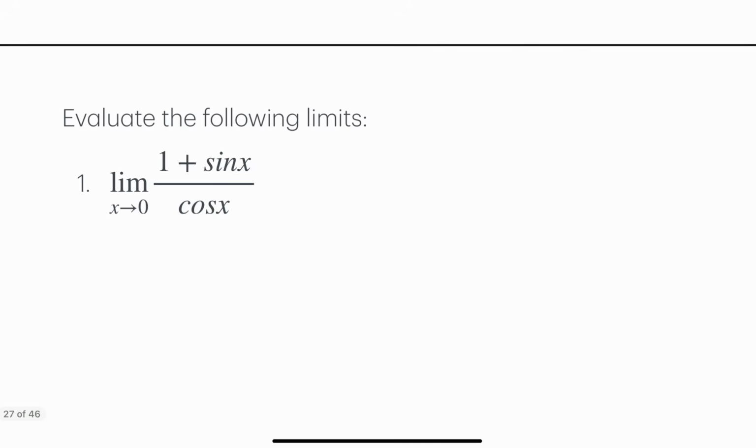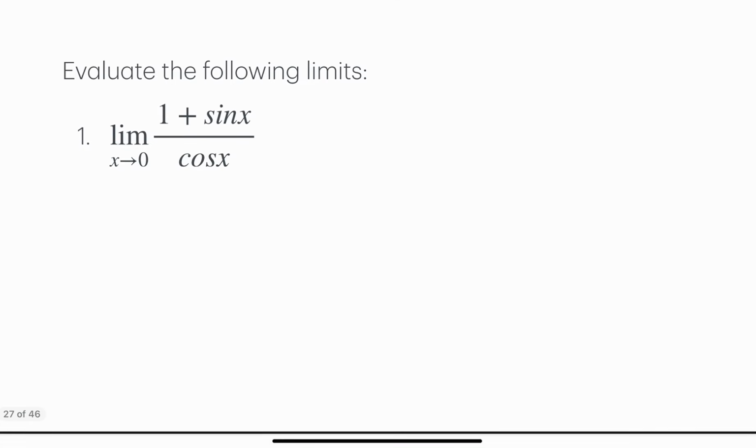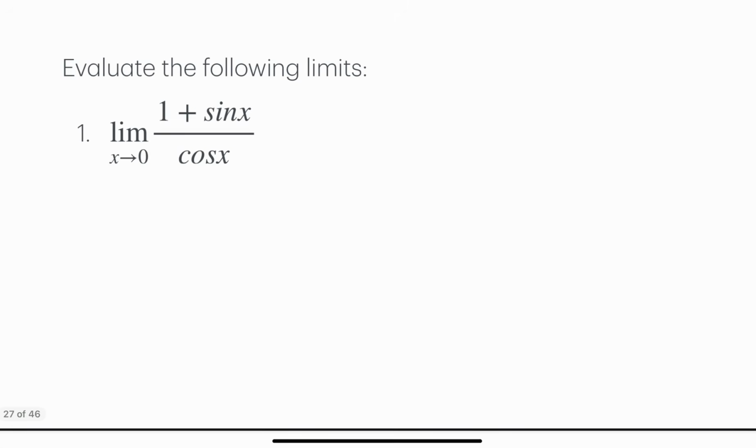Number 5, we evaluate the limit of 1 plus sine x over cosine x as x approaches 0. So by shortcut, we write 1 plus sine of 0 divided by cosine of 0. And we know that the sine of 0 is 0 and the cosine of 0 is 1.